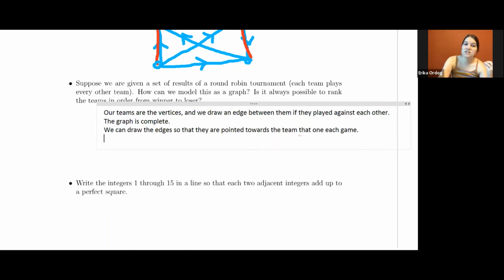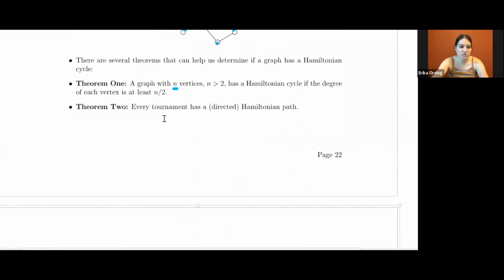Okay, so this is what we called a tournament. Does it make sense now why we call it a tournament? So we've modeled this as a graph. We want to know, is it always possible to rank the teams in order from winner to loser? So let's go back to theorem 2: every tournament has a directed Hamiltonian path.